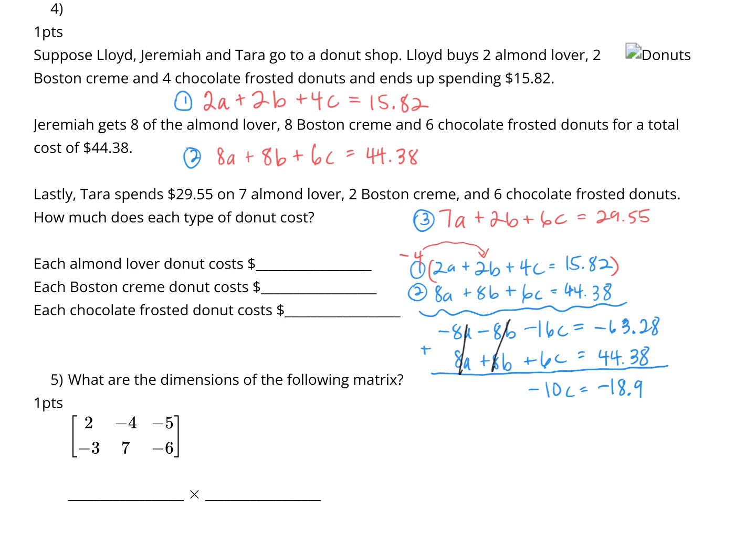I can divide by -10, and that'll give me 189. Okay, so C is 189. So we've now discovered what a chocolate frosted donut costs. So that's the answer to C.